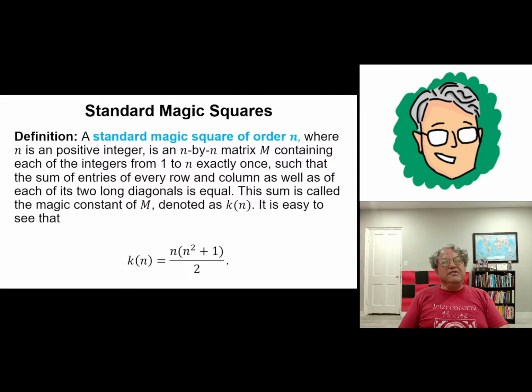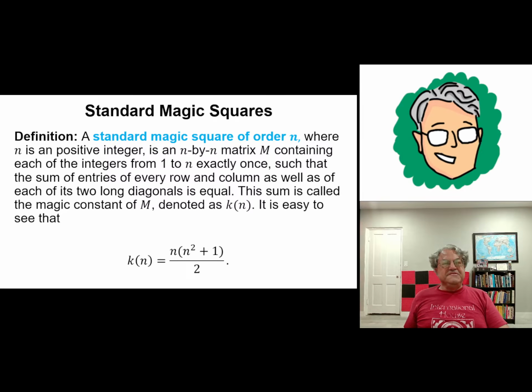It's called a magic square because every row, every column, and both of the two long diagonals all add up to the same sum, which is called the magic constant of the square. It's pretty easy to derive a formula for the magic constant.